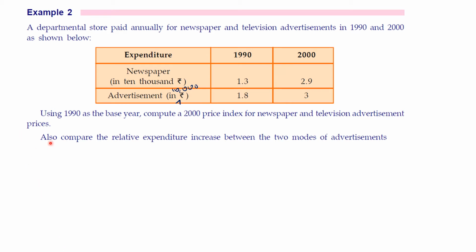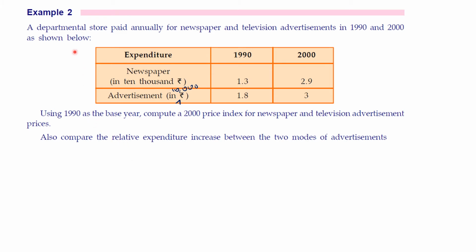And here is the question. Using 1990 as the base year, we have to compute a 2000 price index for newspaper and television advertisement prices. Also compare the relative expenditure increase between the two modes of advertisement. So another important use of index numbers is that it helps in comparison between two commodities.